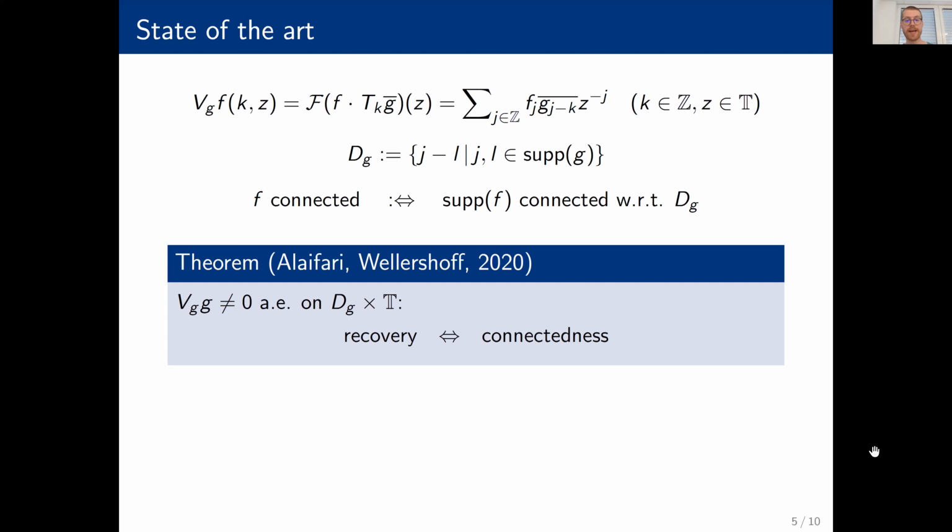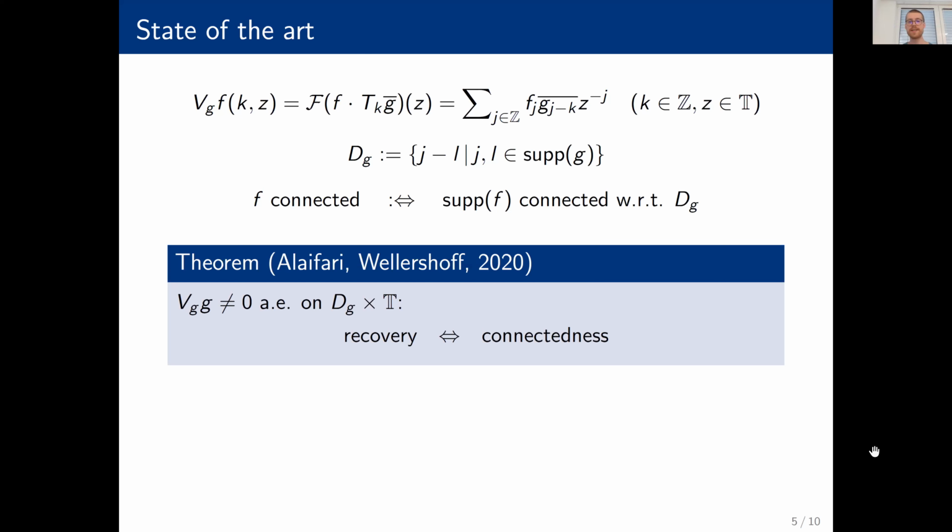being in the best possible case is best understood if we just go back to what we had in the beginning. So the very, very best case for phase retrieval would be that VGG would just be non-zero everywhere. Okay, so if VGG is non-zero almost everywhere, then phase retrieval is always possible. But if we take into account the set DG, then of course, if there is some shift which is not in DG, then VGG for this shift will just by definition of DG always be zero for every frequency.